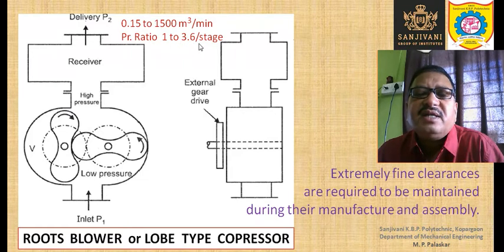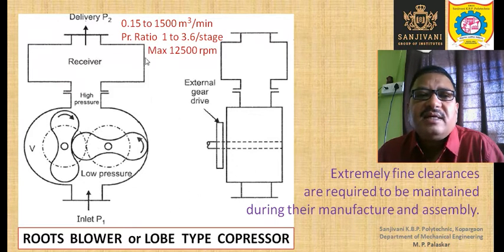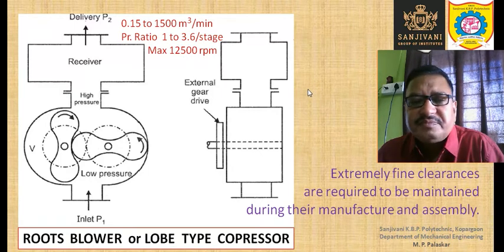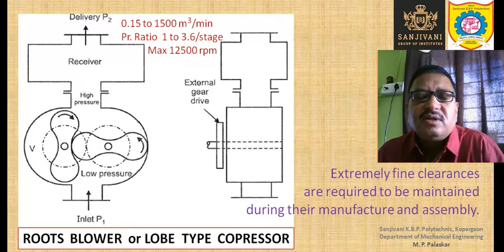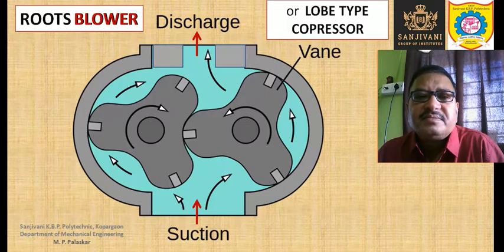Even it is very difficult to get the 3.6 pressure ratio in case of the Roots blower or lobe type compressor, and the maximum RPM is 12,500 RPM, right? So this was about the Roots blower or the lobe type compressor.